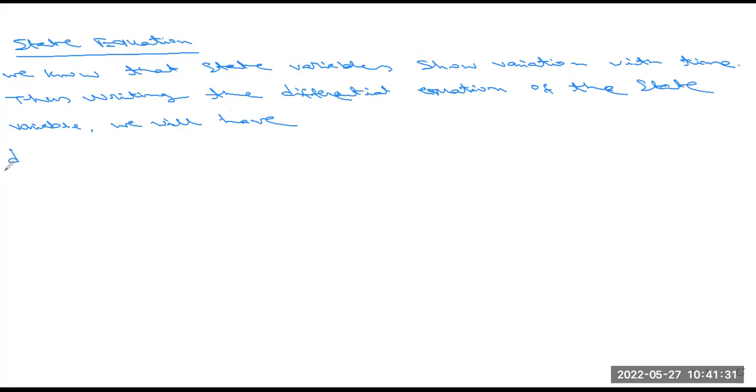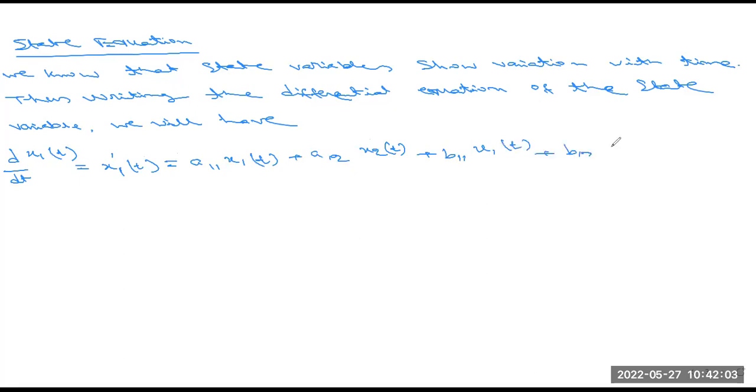So that is d/dt of x1(t), also expressed as x1'(t), and it is a11 x1(t) plus a12 x2(t) plus b11 u1(t) plus b12 u2(t). Okay, so this is basically the first differential equation for the first state variable, that is x1(t).